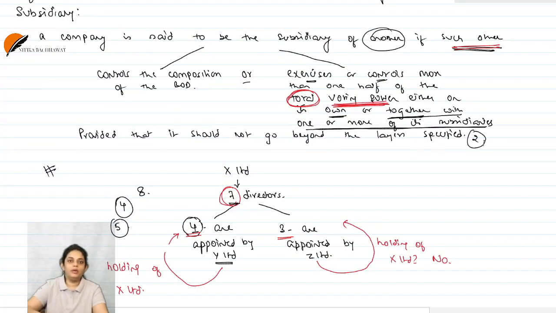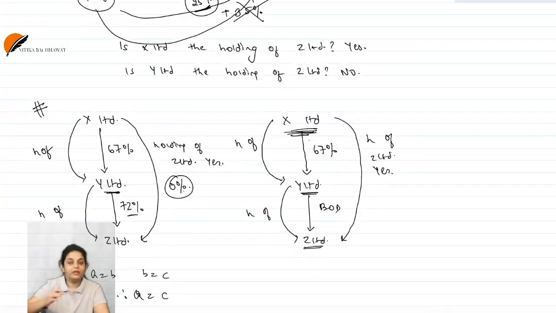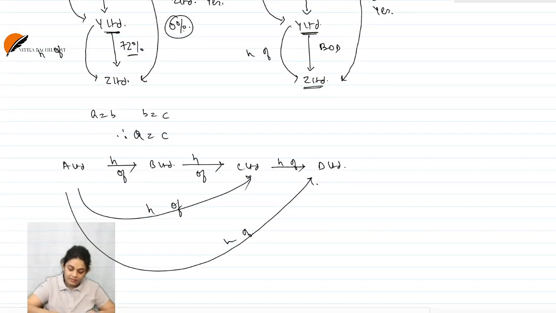That is, beyond 2 layers, you cannot be the holding subsidiary. This is for layers. I can have 10 separate subsidiaries, but when it comes to this layer thing, it cannot go beyond 2. So this is the first, this is the second. So this is not possible. I hope it is clear to everyone.